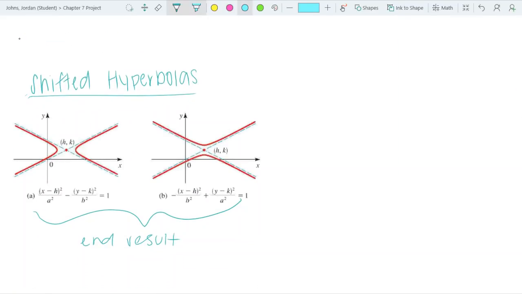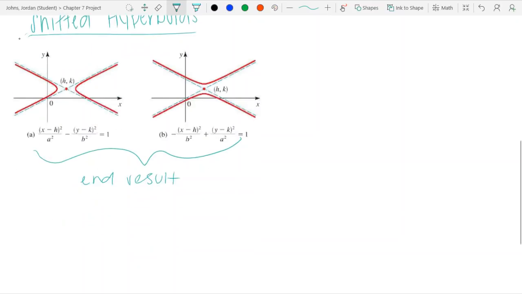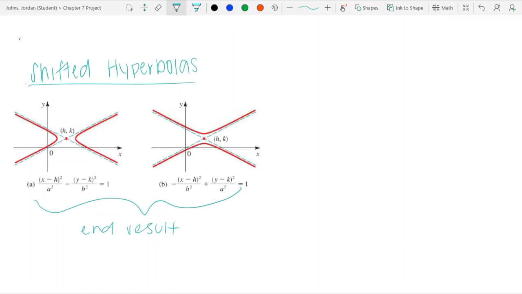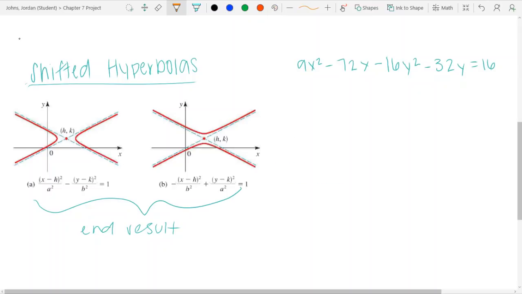For shifted hyperbolas, it gives you the example of 9x squared minus 72x minus 16y squared minus 32y equals 16. What we're going to do first is complete the square in x and y to show that the equation represents a hyperbola.